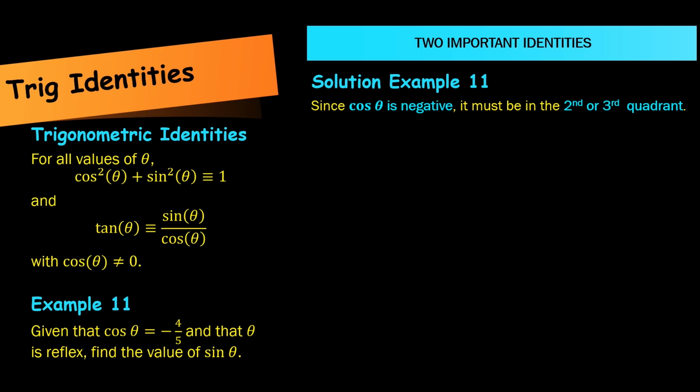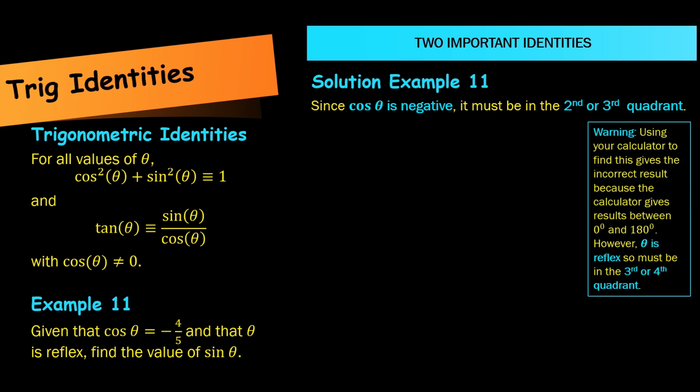When using your calculator to find this, it gives the incorrect result because the calculator gives you results between 0 degrees and 180 degrees. However, theta is reflex, so it must be in the quadrant number 3 or number 4.